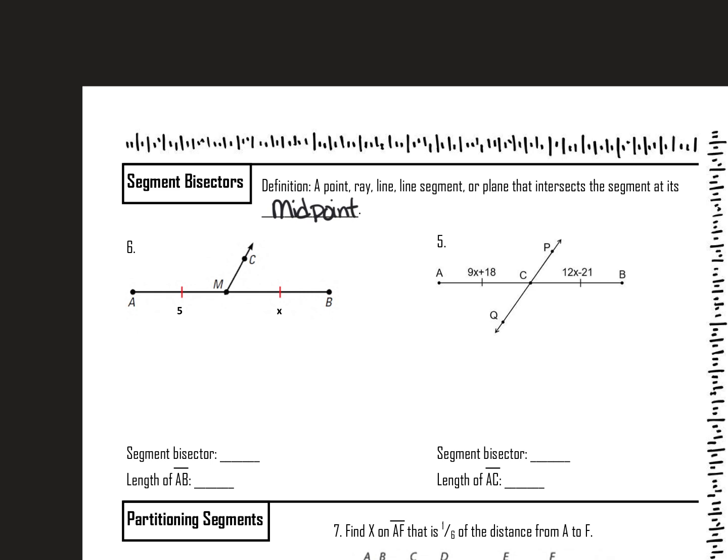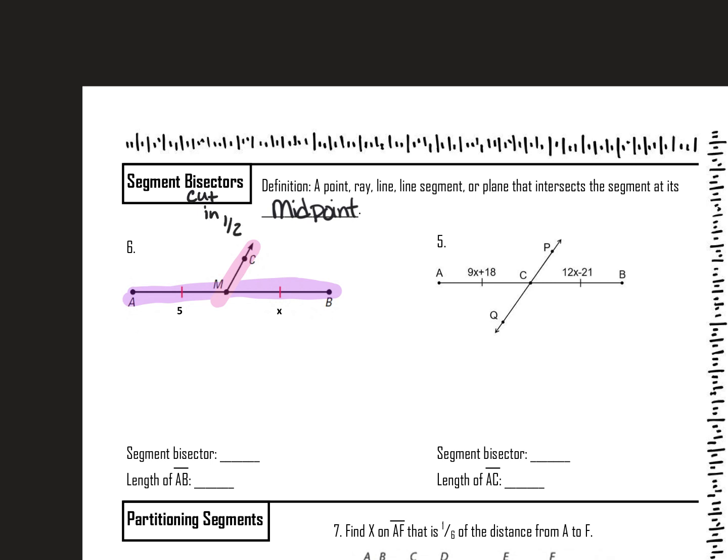So taking a look at question 6, we have one big segment, which is AB, highlighted in purple here. And then we have ray MC, which is highlighted in pink, which is now bisecting, and bisected means cut in half.